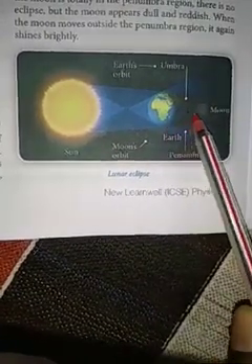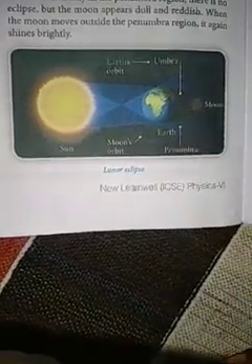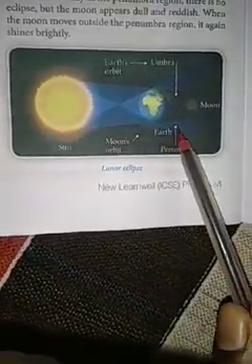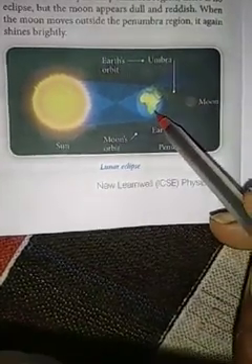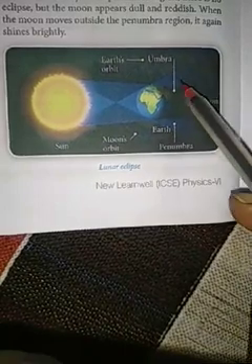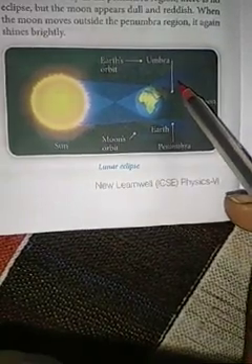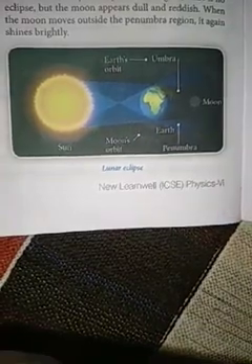You see, this is the Moon. This is the umbra region. This is the orbit, and this is the penumbra region. While orbiting around the Earth, when the Moon reaches the penumbra region, it appears dull and reddish.